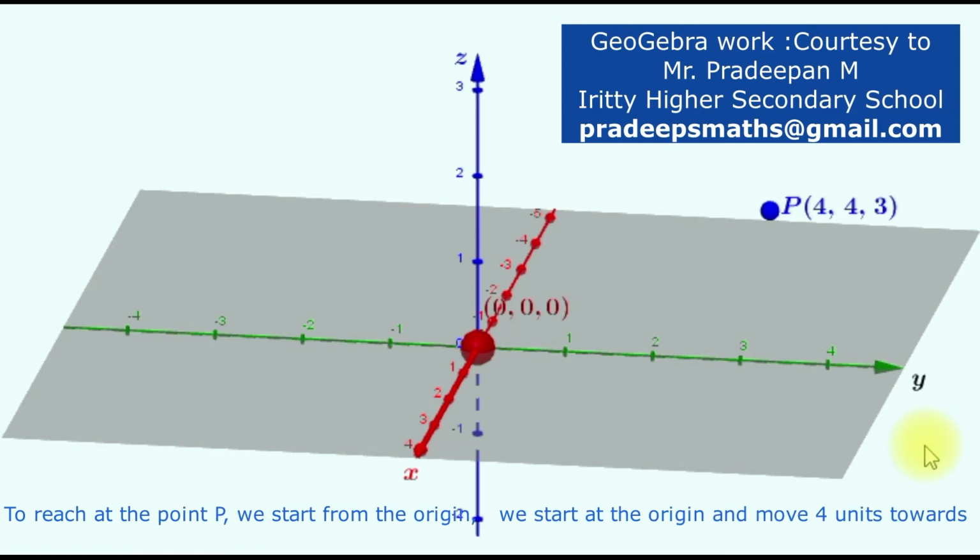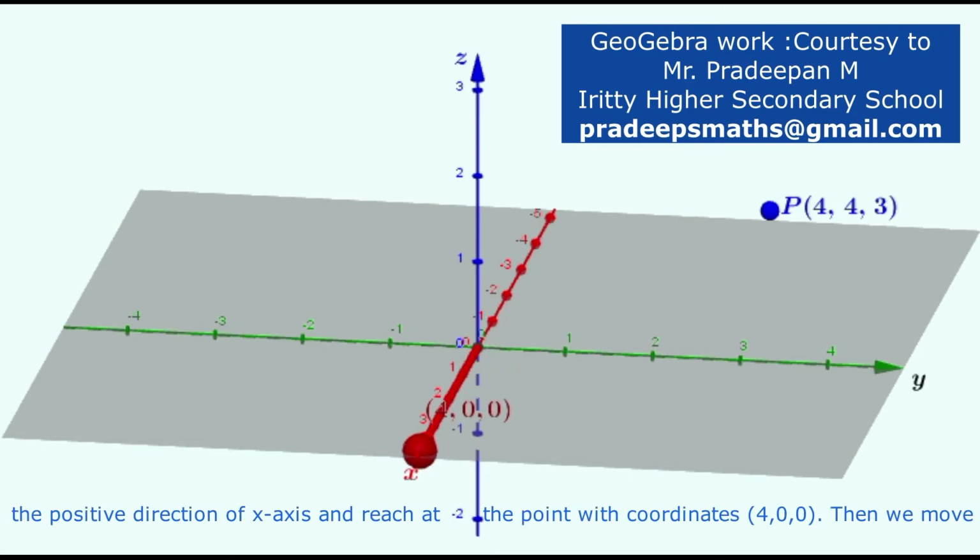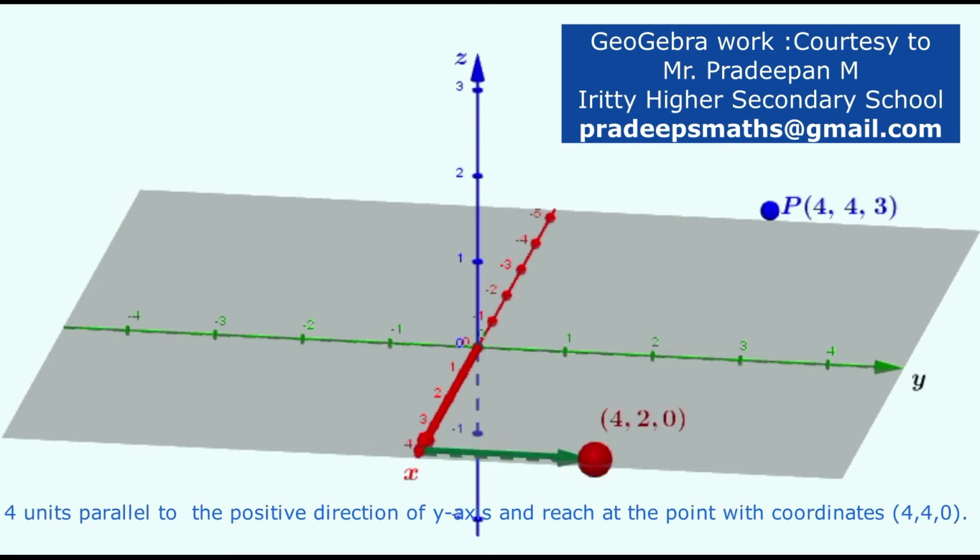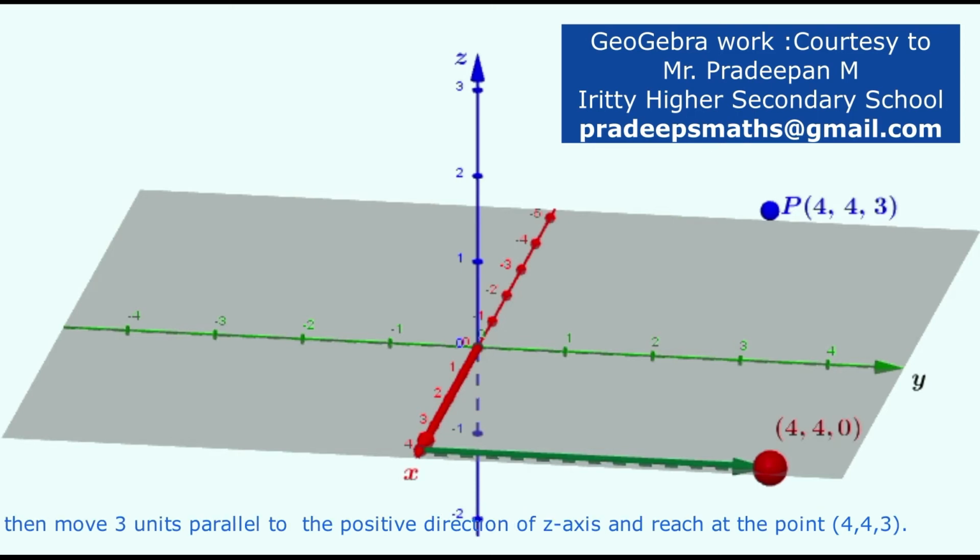To arrive at the point P, we start from the origin. We start at the origin and move 4 units in the positive direction of the x-axis and reach the point (4, 0, 0). Then we move 4 units parallel to the y-axis and reach the point (4, 4, 0).